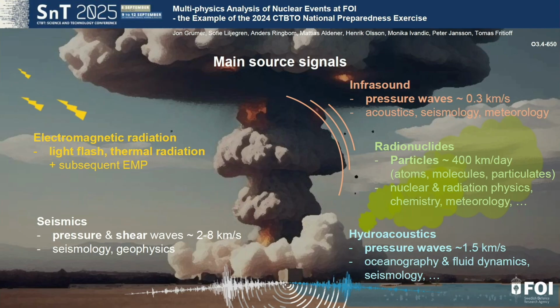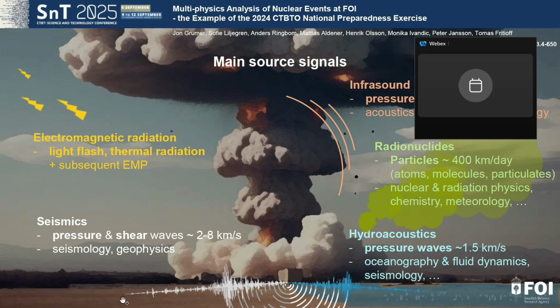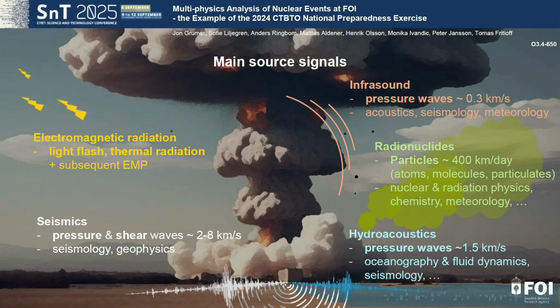Next, hydroacoustics, which are, again, pressure waves traveling at slightly faster speeds in the oceans. Then, of course, you need to know about oceanography. That's a hard word. And fluid dynamics and seismology and things like that. Then we have seismology, which are, again, pressure waves, but also, since it's solid material, shearing waves, at slightly faster traveling speeds, which then requires seismologists to understand this, but maybe also geophysicists.